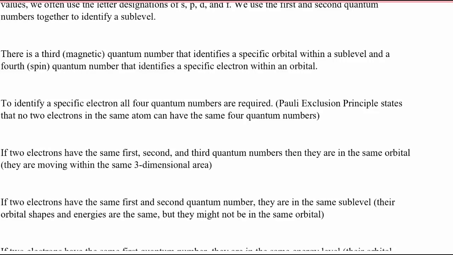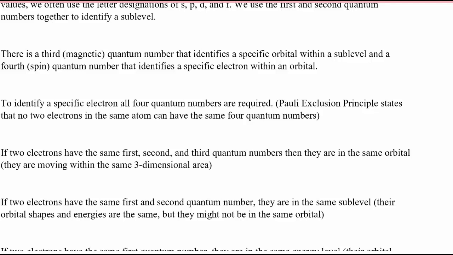Okay, that being said, here's our next statement. To identify a specific electron, all 4 quantum numbers are required, okay? So the first quantum number gets me to how far from the nucleus this electron is. The second quantum number tells me, in this energy level, what shape of orbital am I looking for?